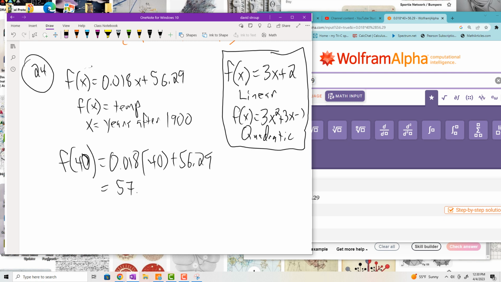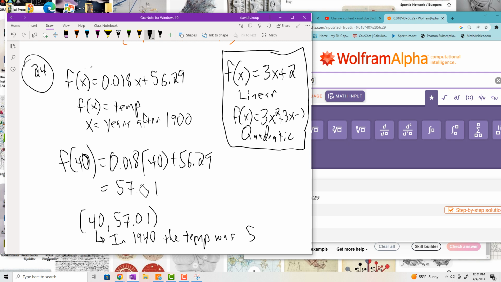Okay, so the input is the 40, the output is the 57.01. Someday I'm going to get my pen to work. Oh, there it goes. Okay, so as an ordered pair, it's (40, 57.01). To interpret that, that means in 1940, 40 years after 1900, the average temperature was 57.01.